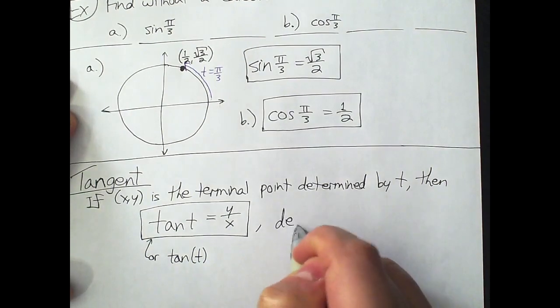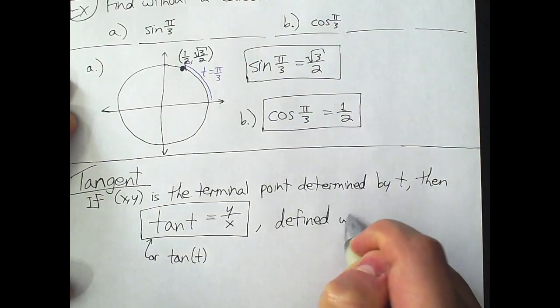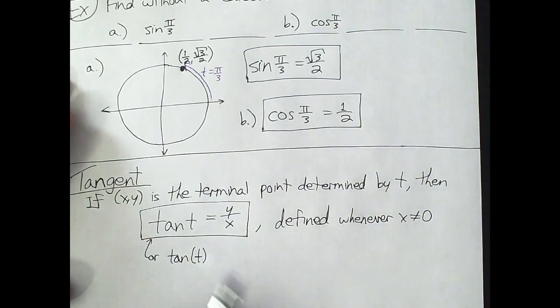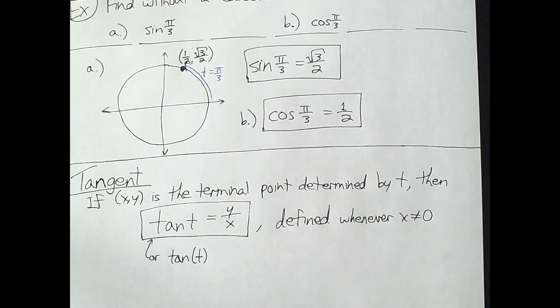Let me tell you off to the side that this is defined whenever x is not equal to 0, because this now has a denominator, and that denominator could be 0, and in that case, tangent of t would be undefined. So for sine and cosine, we always got answers, maybe positive, maybe negative. For tangent, it is possible to get a problem that has no solution, because you might be dividing by 0.